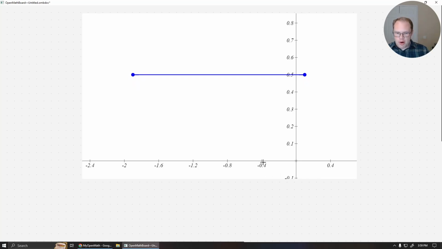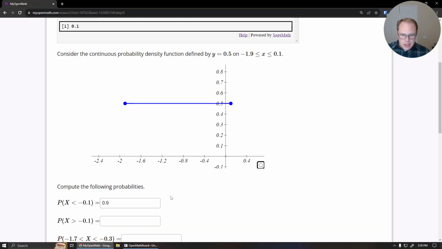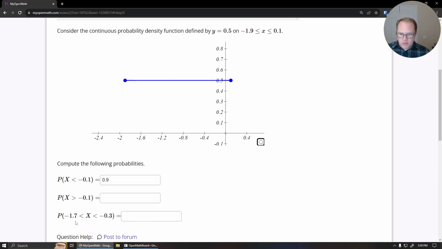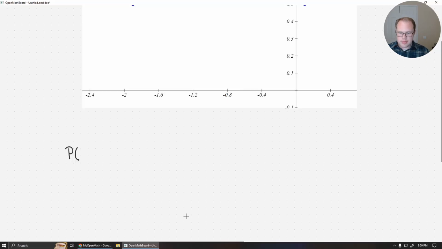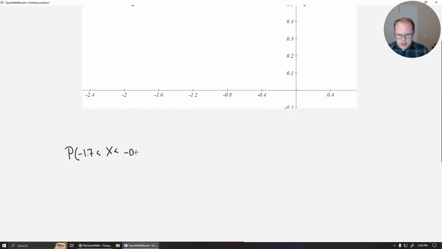And let's find that probability. Let me just write that down so we don't forget it. Probability that the value is between negative 1.7 and negative 0.3. So negative 1.7 less than x less than negative 0.3.